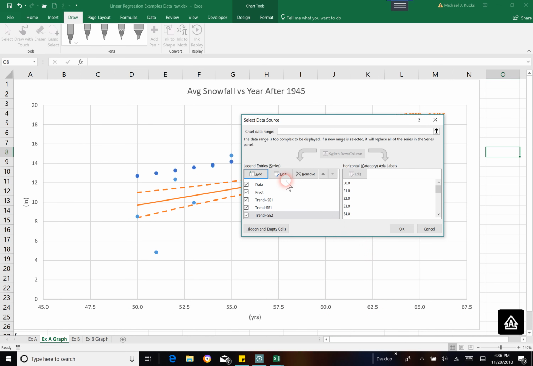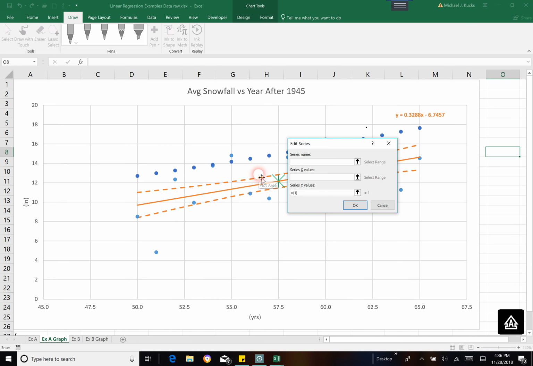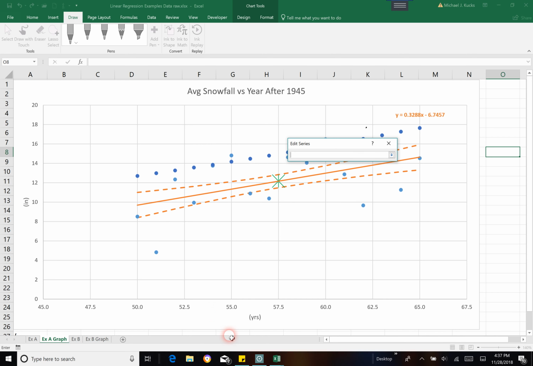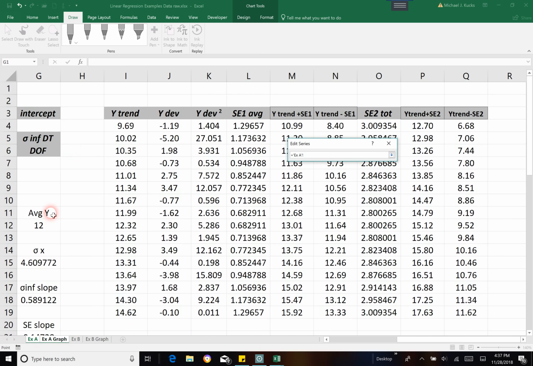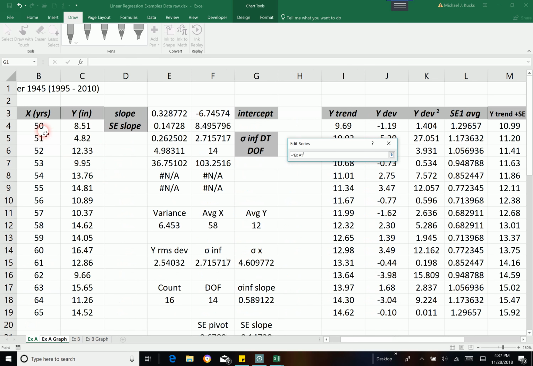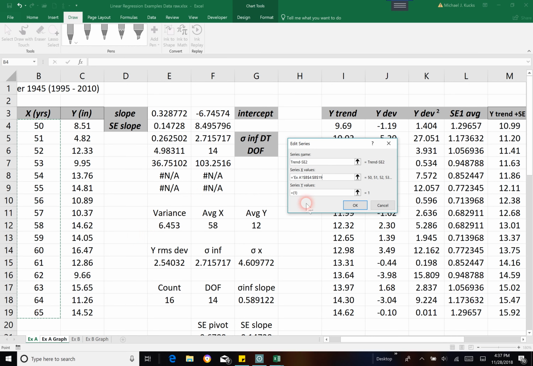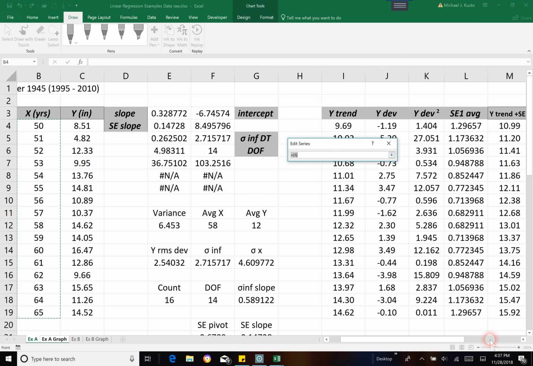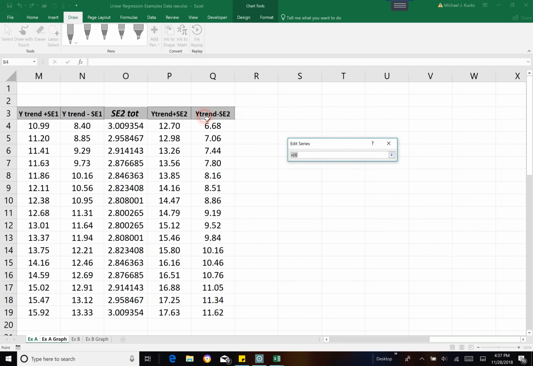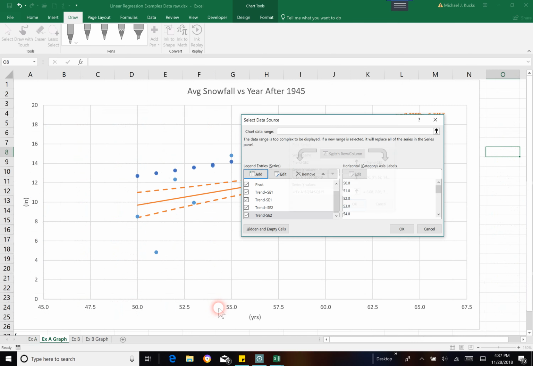Okay, there are those. And then we're going to add another one, and we're going to call it trend minus SE2. X values are here. Y values are here. Now we got to format these.